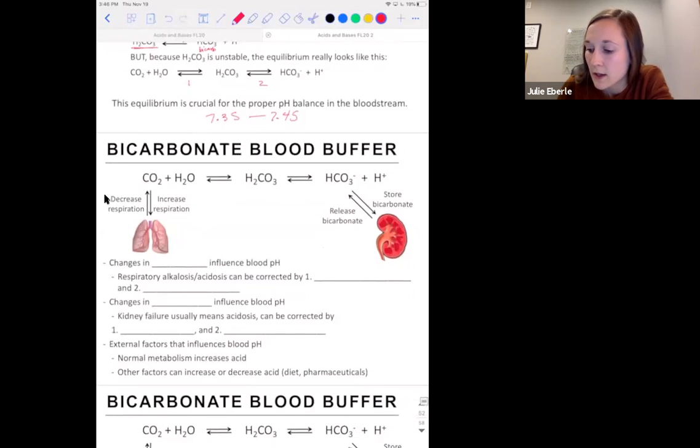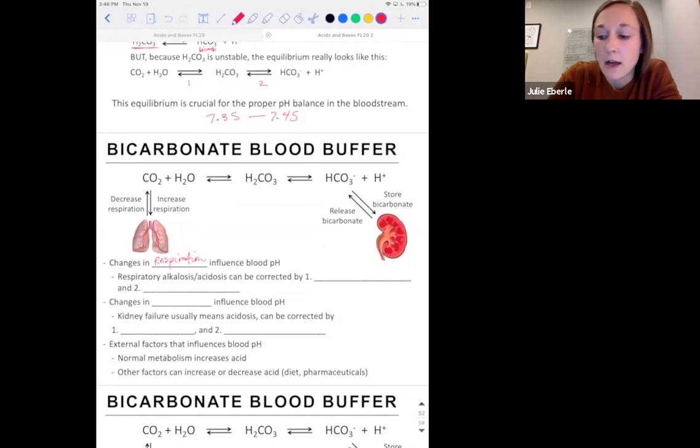Number 1, breathing can change blood pH, believe it or not, and our kidneys can also function to control and regulate blood pH. Let's see how they work in tandem. So, changes in respiration: how does this affect blood pH?